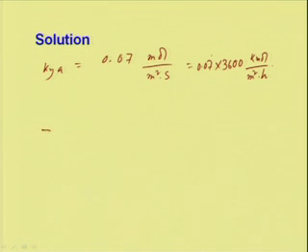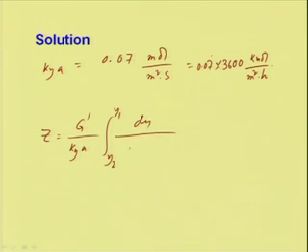Now, Z is equal to G dash by Kya into integral y2 to y1 of dy by (1 minus y) into (y minus yi).